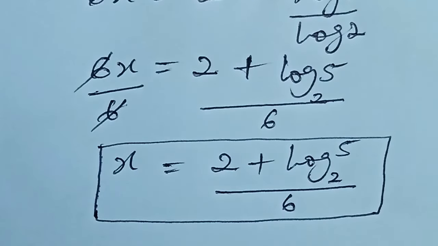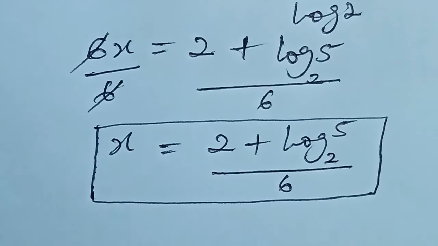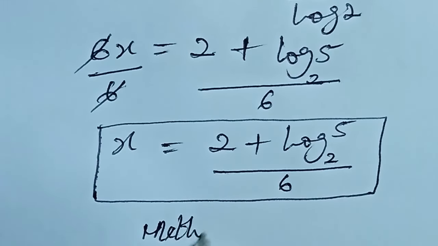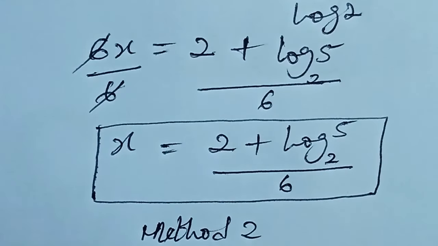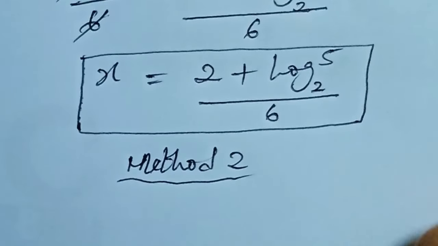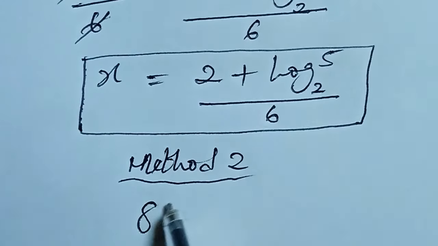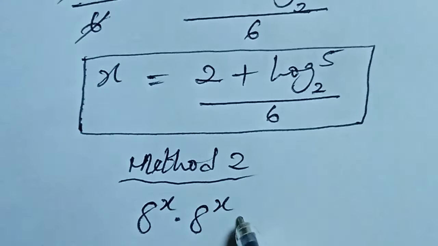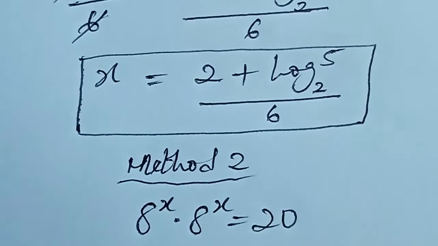Another alternative way to approach this question is to say, we have our question 8 to the power of x multiplied by 8 to the power of x equal to 20.